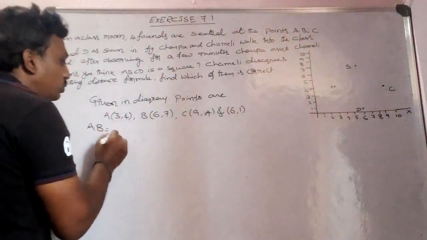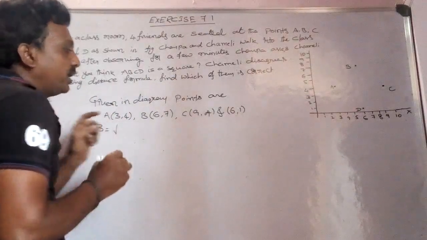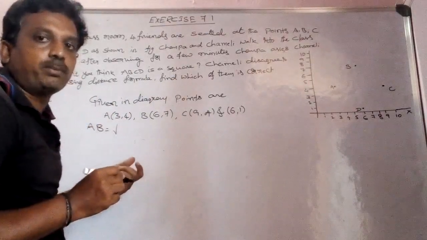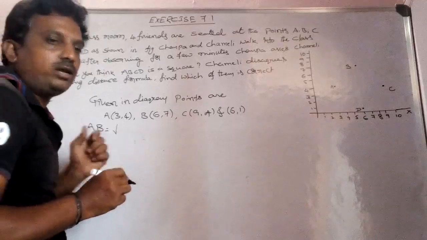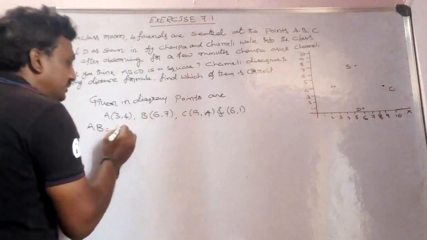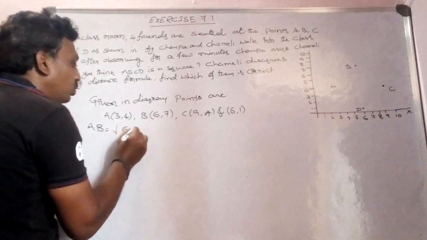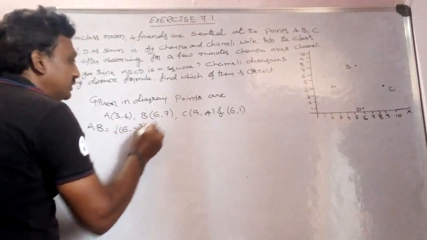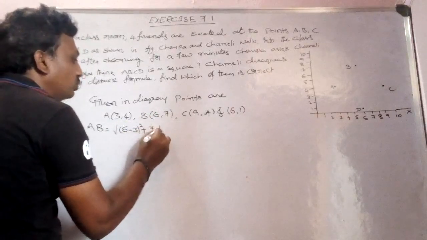Square root of x2 minus x1 whole square plus y2 minus y1 whole square. So this is 6 minus 3 whole square plus 7 minus 4 whole square.